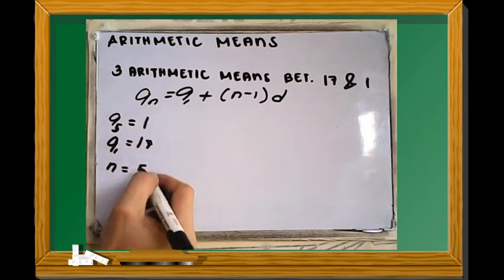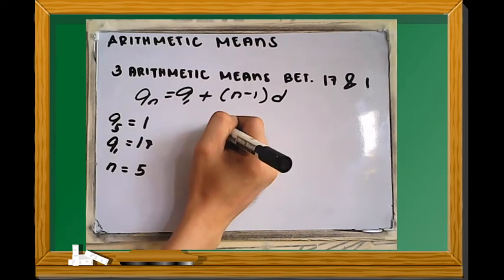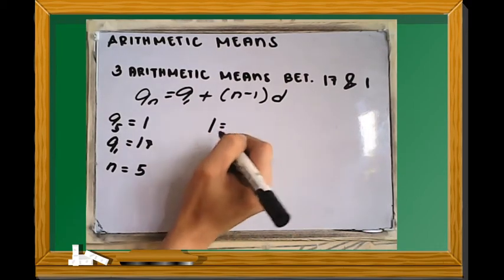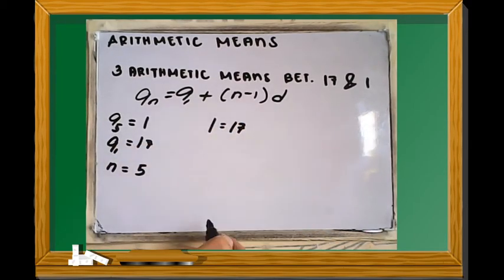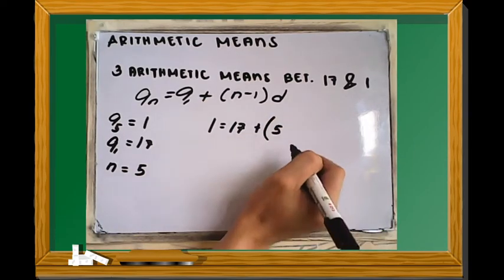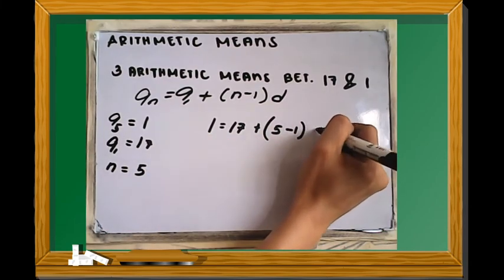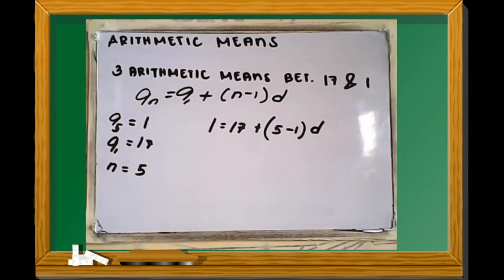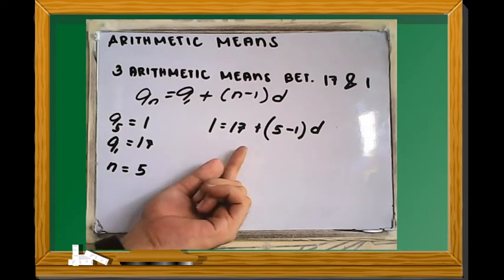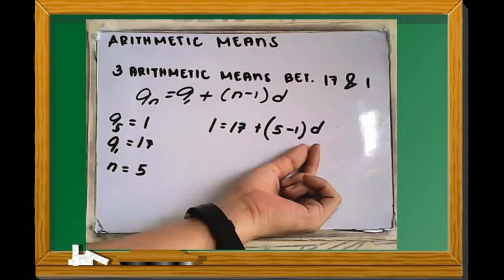If we substitute these values to the formula, a sub n becomes 1 is equal to a sub 1, which is 17, plus the number of terms, 5, minus 1, multiplied by the common difference. In this equation, the missing value is the common difference, or the variable d.